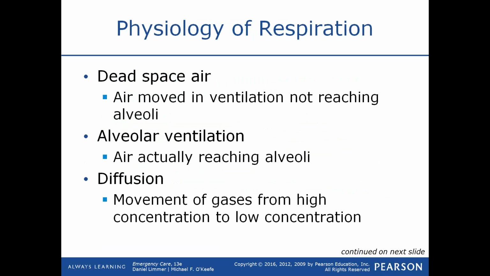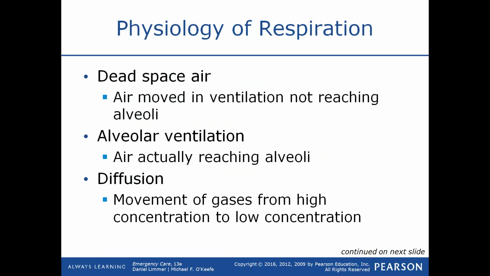Alveolar ventilation is the air that actually reaches the alveoli for gas exchange. So from my normal 500 milliliter tidal volume, I have to subtract from that 150 mils of dead space air, which leaves me about 350 mils of air that actually plays in the gas exchange.